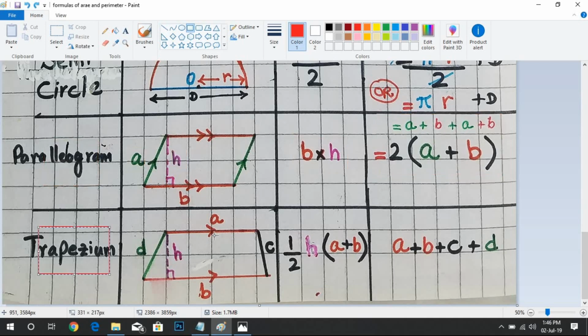This is trapezium. There are two parallel lines, these two red lines. A is the red line, and B is also a red line.